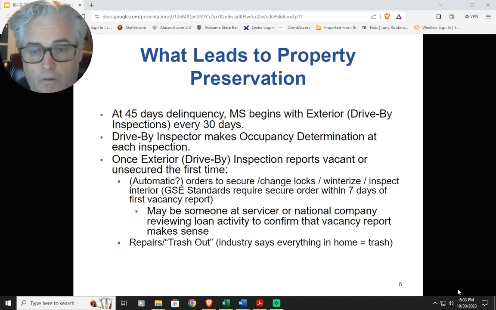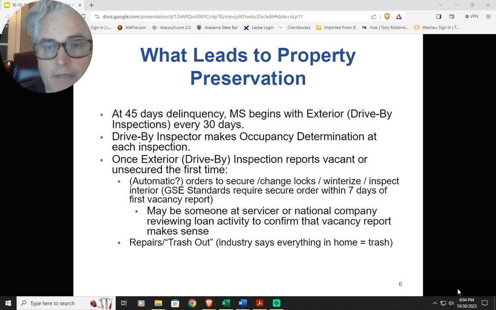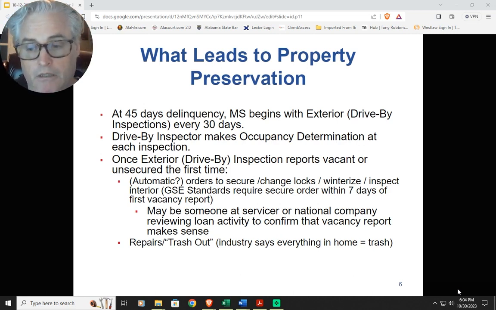And what that means is all the personal property in the home is either stolen or thrown away. The industry says they're not supposed to keep anything, but usually what happens is they loot the house of everything valuable or everything they can sell cheaply and easily, and then they throw anything else away.